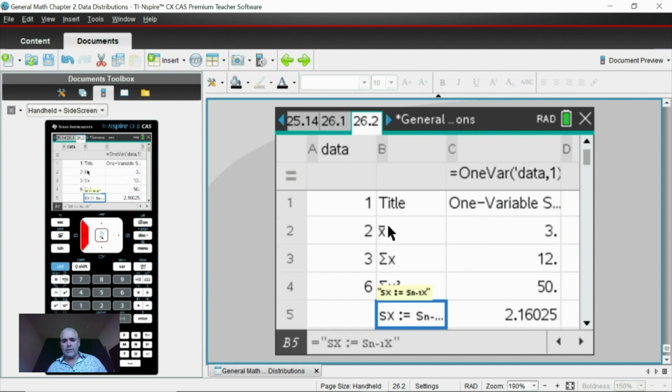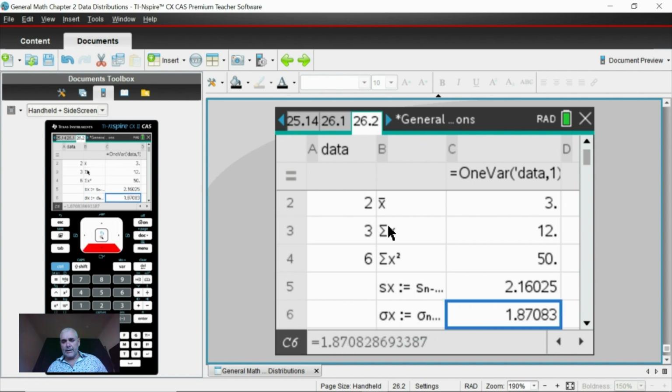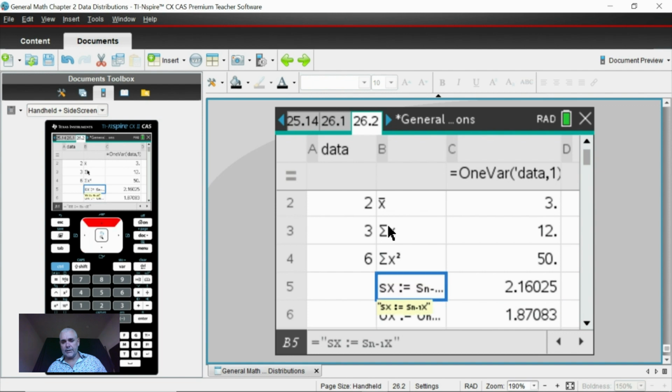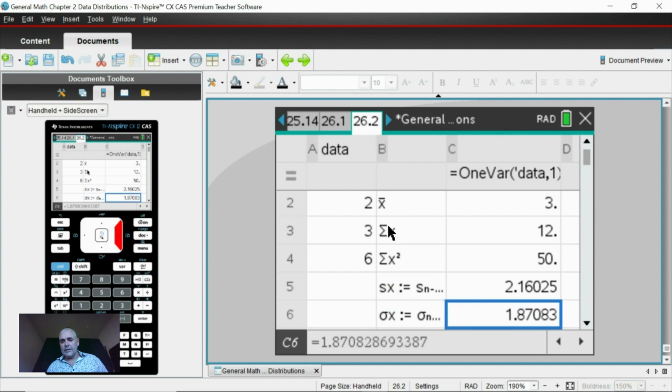And this one here, that's why I wrote SX, because this is the standard deviation of the sample. And it is a larger number than the standard deviation of the population. Can you see how the symbols are different there? And the standard deviation of the population requires everything to be measured.